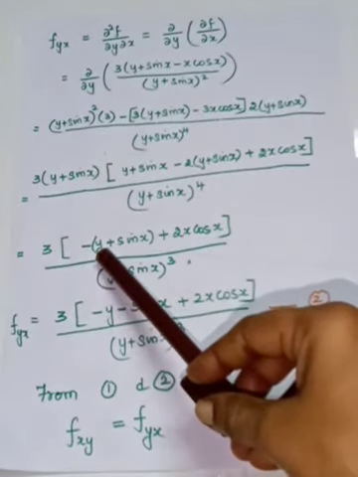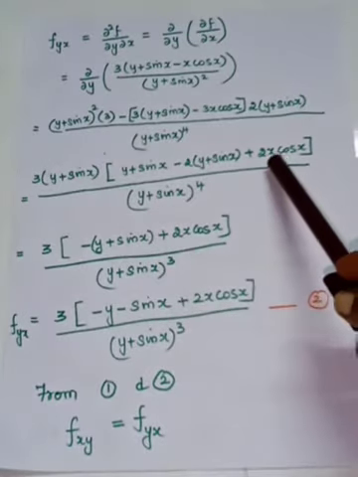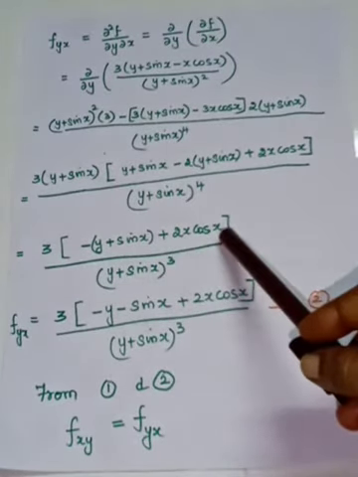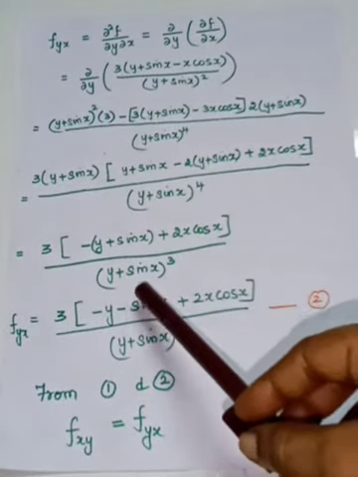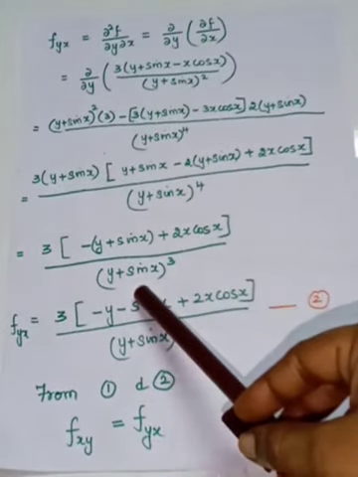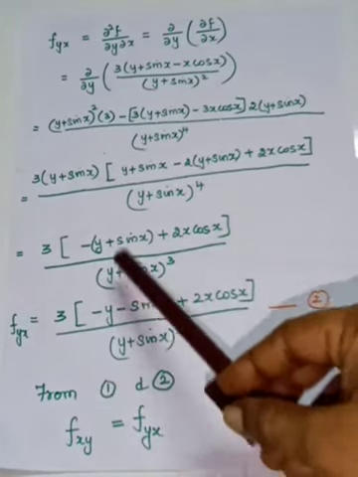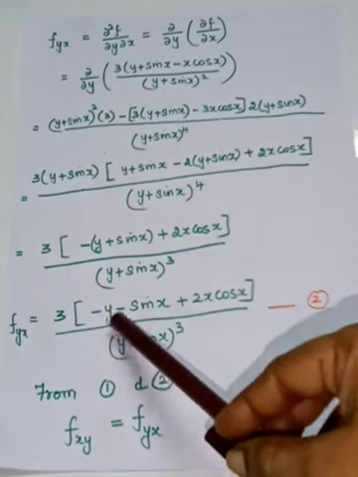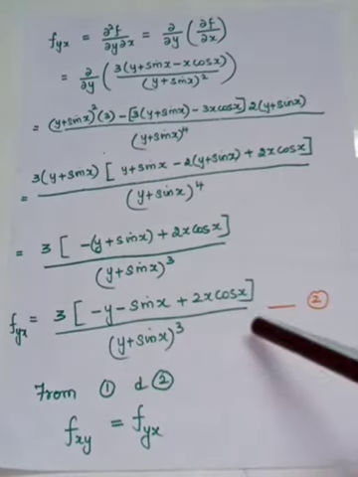But here it is y + sin x. And plus 2x cos x. And here one (y + sin x) is getting cancelled. So in the denominator, you will have (y + sin x) cubed. So see now 3 into, applying the minus, minus y minus sin x plus 2x cos x divided by (y + sin x) cubed.